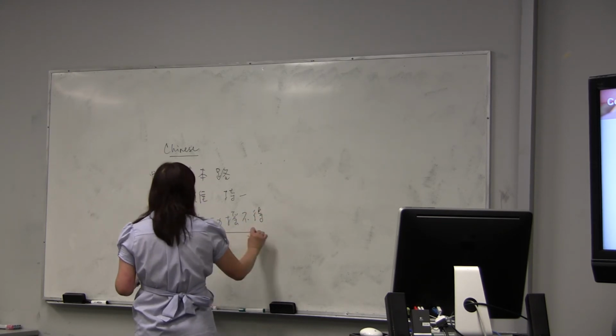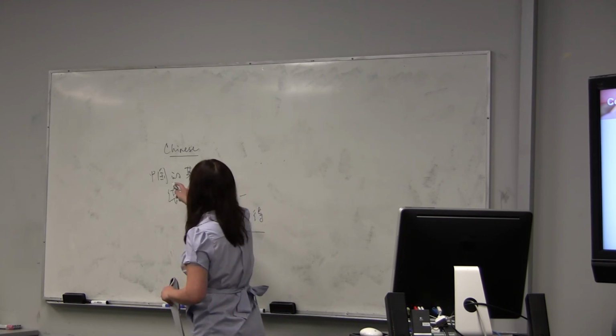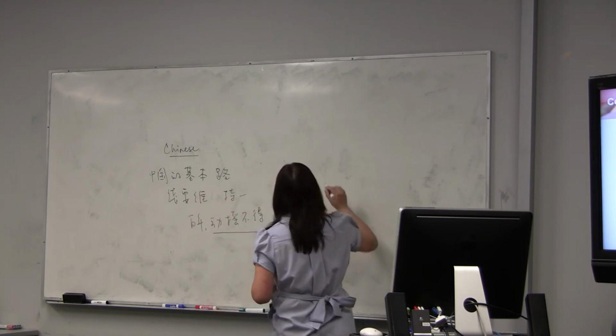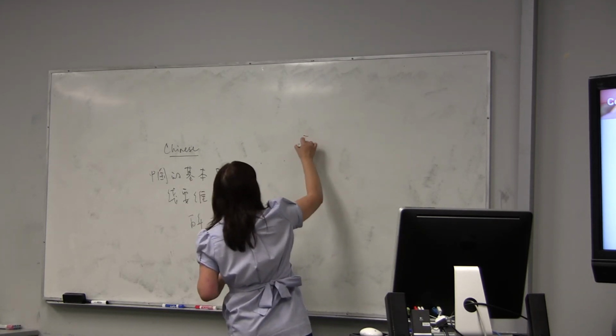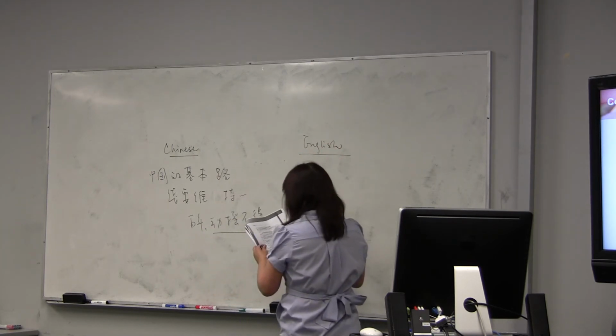Okay, so in Chinese, we say 中國的基本路線要維持100年動搖不。It is spoken by one of the Chinese leaders. So you have to be very firm, right?